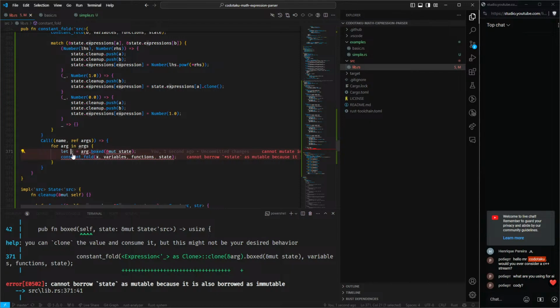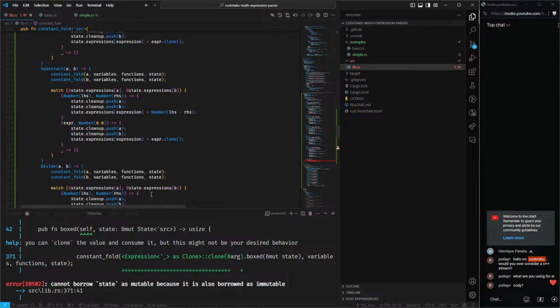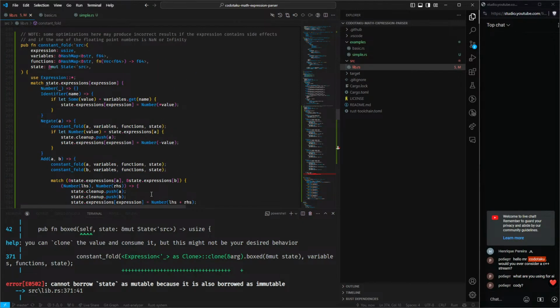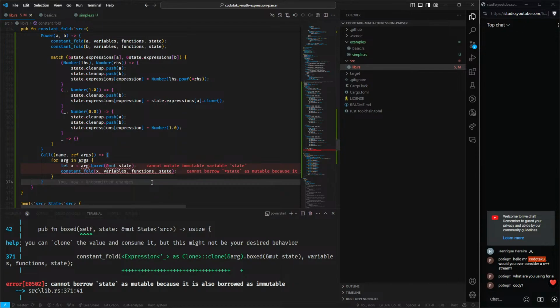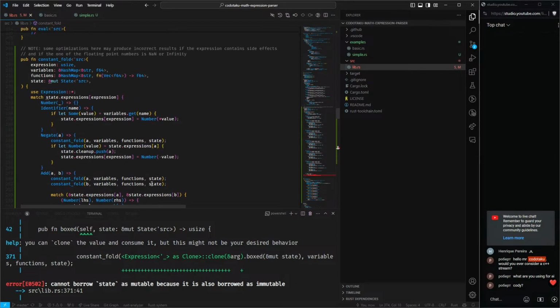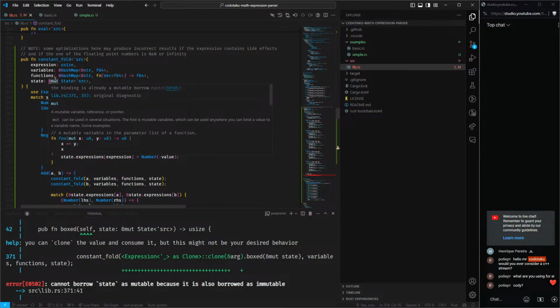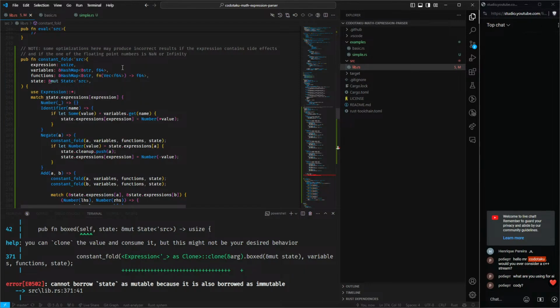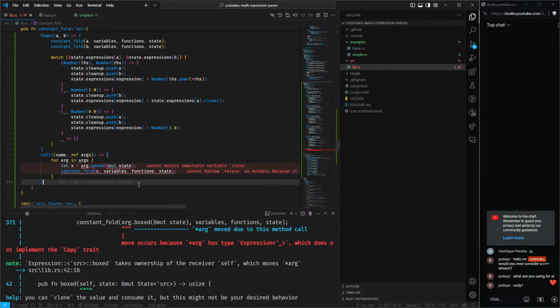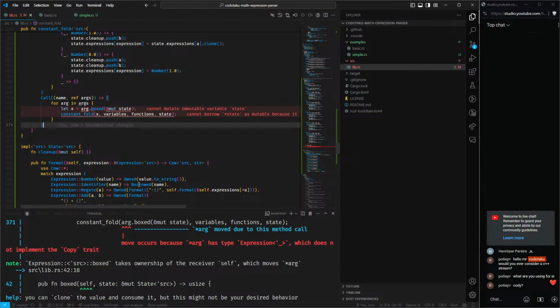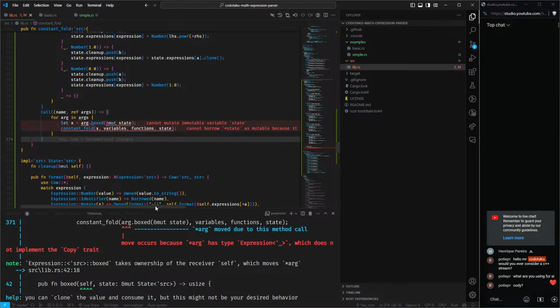Cannot mutate immutable variables. Yeah, we do not have access to mutable state. But why do you need that? Oh, we already have mutable state? Really? What do we even use that for? Is already mutable borrow. Well, I'm quite confused now.